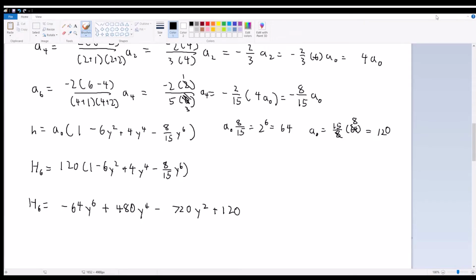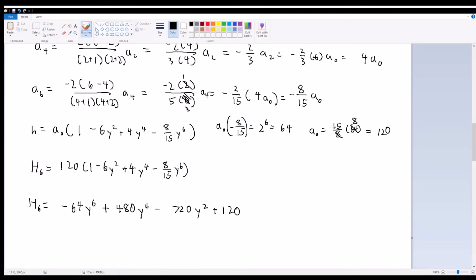Apologies, I just realized I made a slight error here. The convention is not just that this coefficient has to equal 2 to the power of 6, it has to necessarily equal positive 64. So what happens here is that this coefficient is negative, so the solution is supposed to be a naught multiplied by negative 8 over 15 has to equal 64.